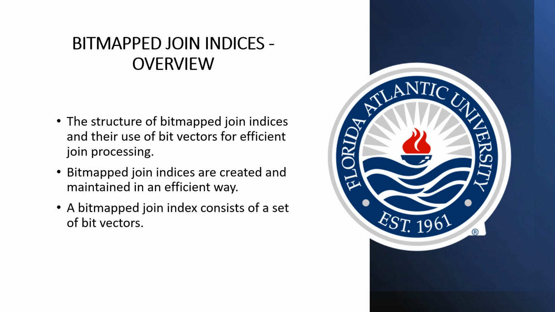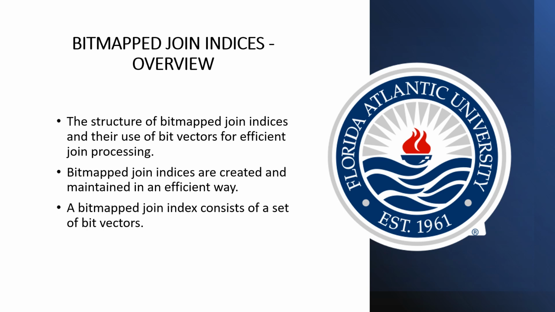A bitmap join index consists of a set of bit vectors, each of which corresponds to a distinct value in the indexed columns. For example, if the index is created on a column that contains values A, B, and C, there will be 3 bit vectors, one for each of these values.